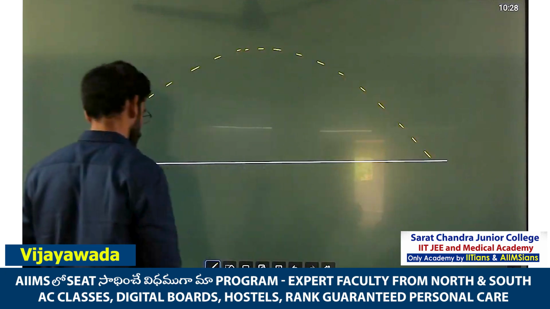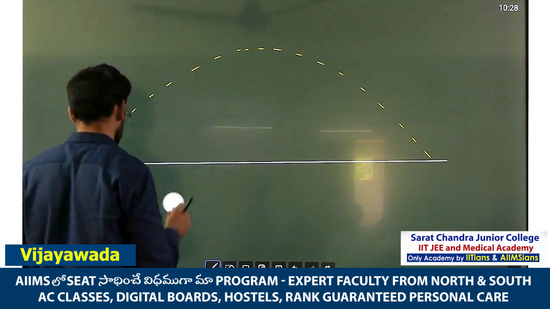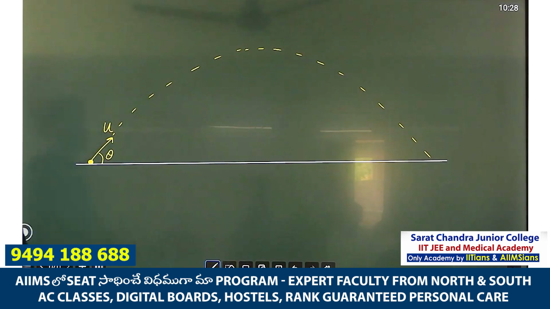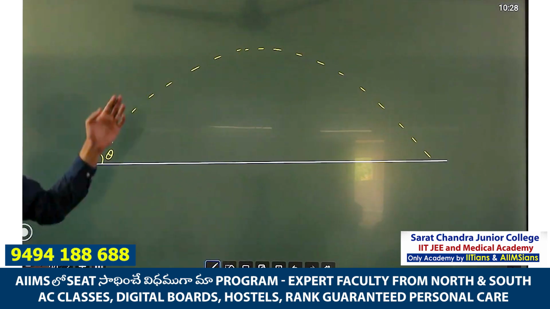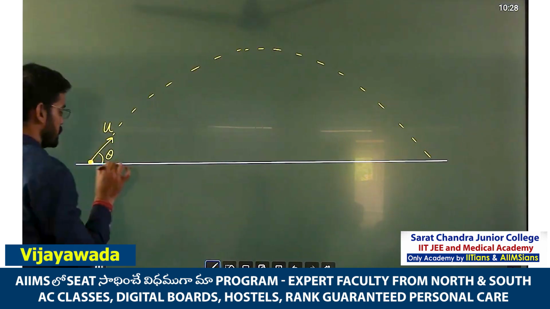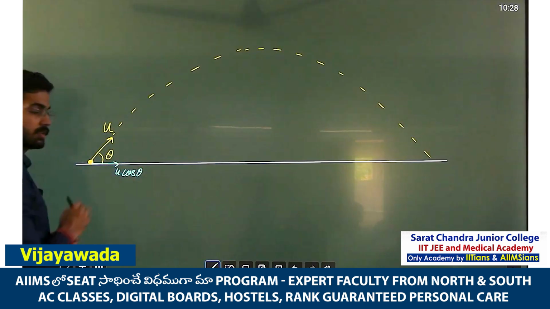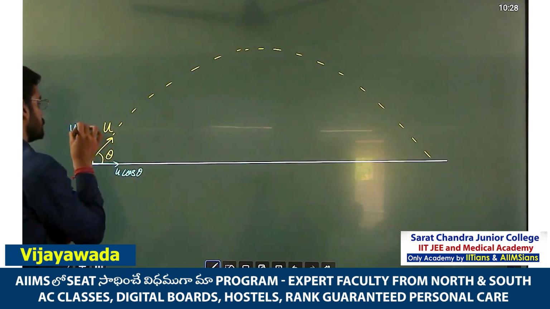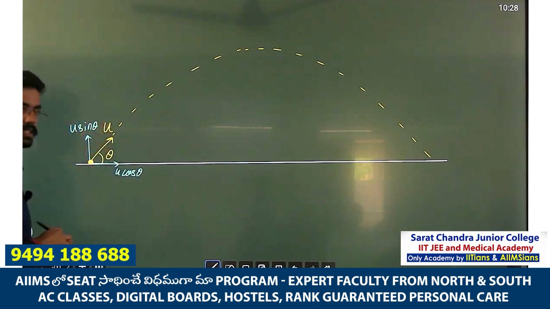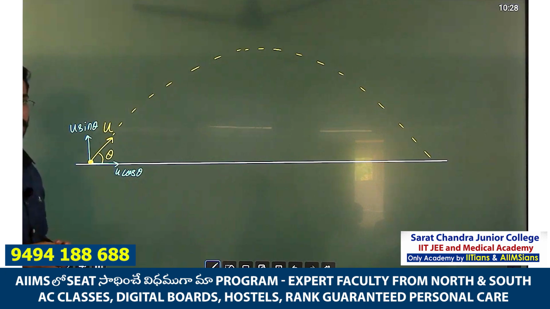Okay, now we have to study some things here. First of all, at any point of time gravity is downward, acceleration downward. So if I divide its motion in two parts, horizontal and vertical, I can say its horizontal initial velocity is what? u cos theta, right? And vertical velocity is u sin theta. These are the initial velocities given. Ax acceleration is what? 0.